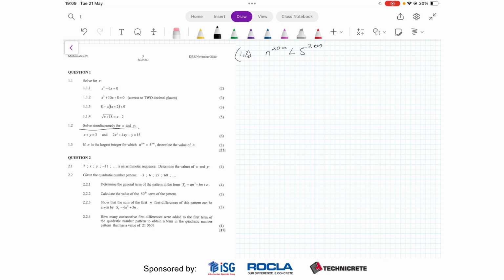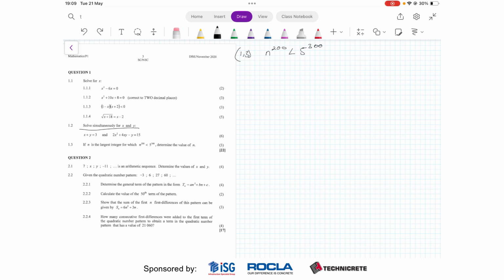Looking at this, what can we do to make sure that our bases have the same power? What is the common factor between 200 and 300? Well, the common factor between 200 and 300 is the number 100, right?